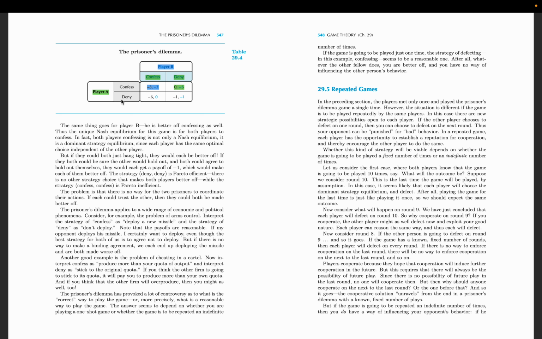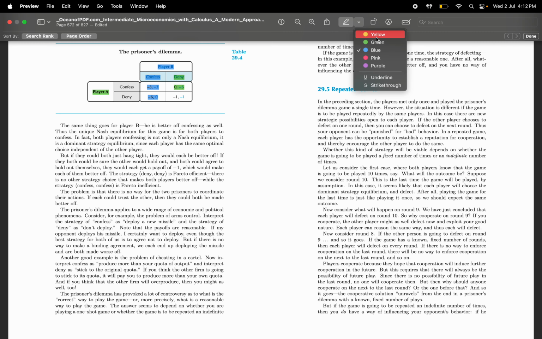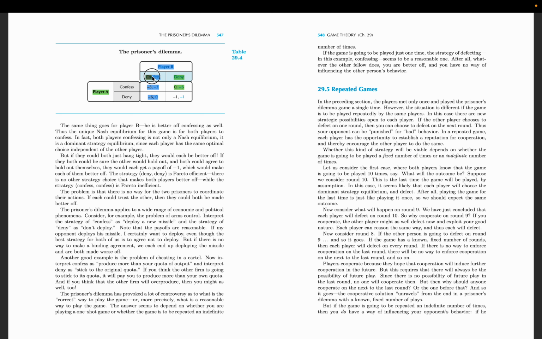If you assume that player A is going to deny, what's going to happen? Check the payoff for B, which is 0 and -1. He's going to spend 1 month in prison versus 0 months in prison, which means he is better off confessing as well. So basically, what we've come to is that the good choice here is confessing, and the good choice here is confessing as well.